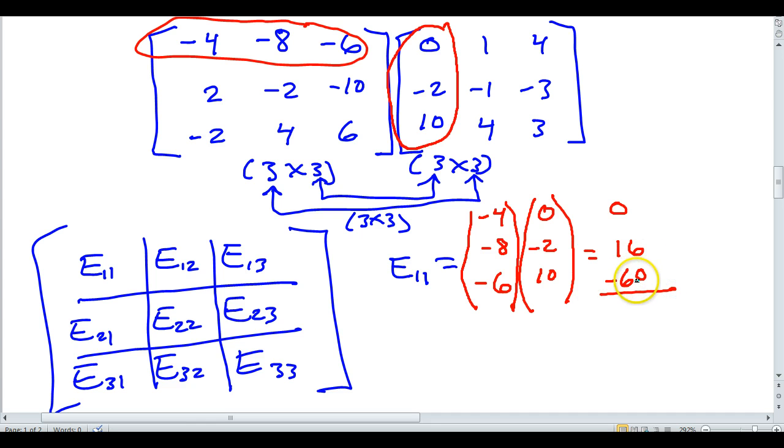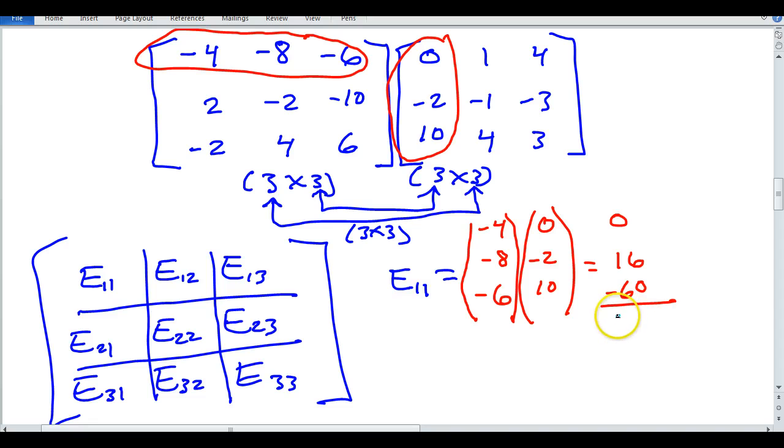If I put those together, this comes out to be -44. And at this time I'm going to fill these in one by one as I go. So this was -44.